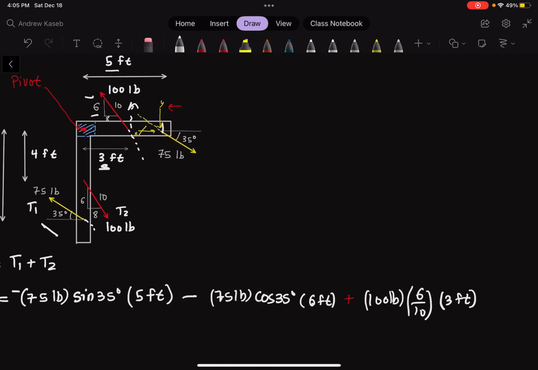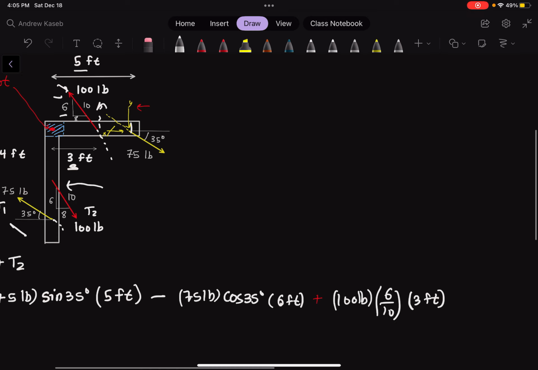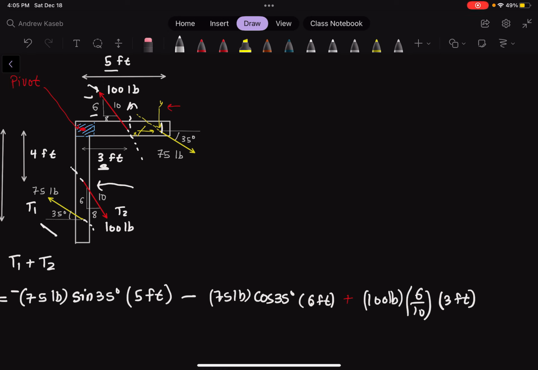Now, finally, the last force that you're going to be looking at is the couple of this red force right here. So you extend the line of action. You draw the x and y components. You can see that the y component is going to be going through the pivot point, meaning that it will cancel out, so it will not cause torque. So you only need the x component of this force.